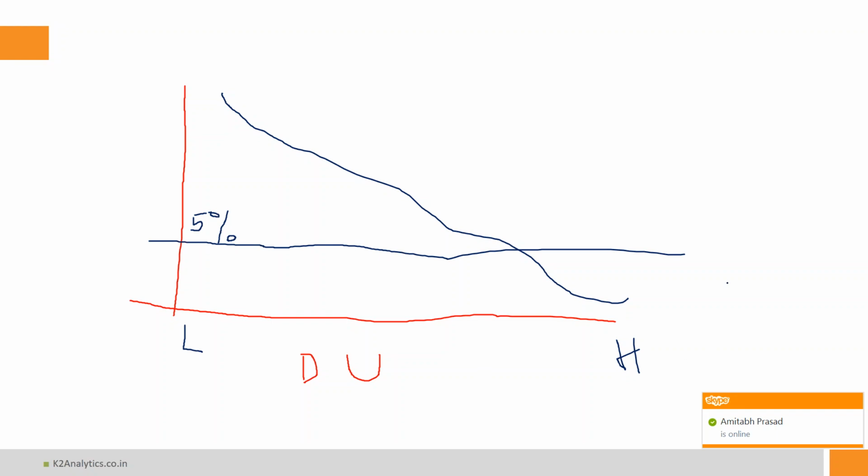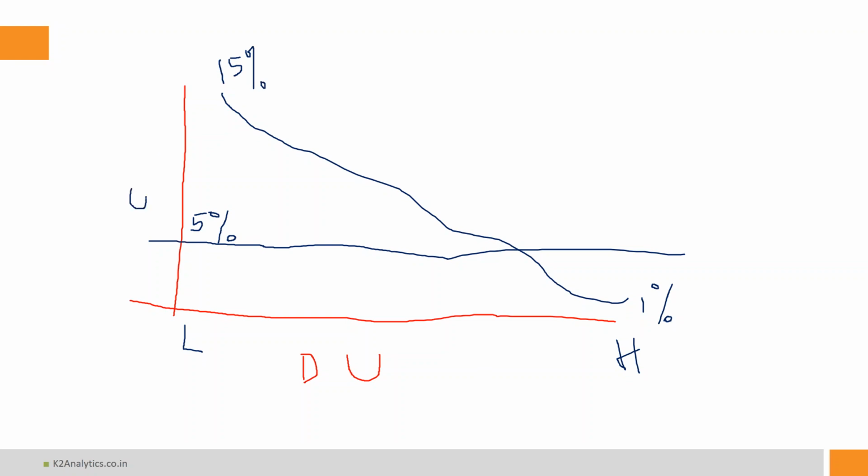Here I've got, say, 1% churn in very high data usage, and here it is, say, 15% churn, which is in very low usage. This axis is your churn rate, and this data usage is for Jan.